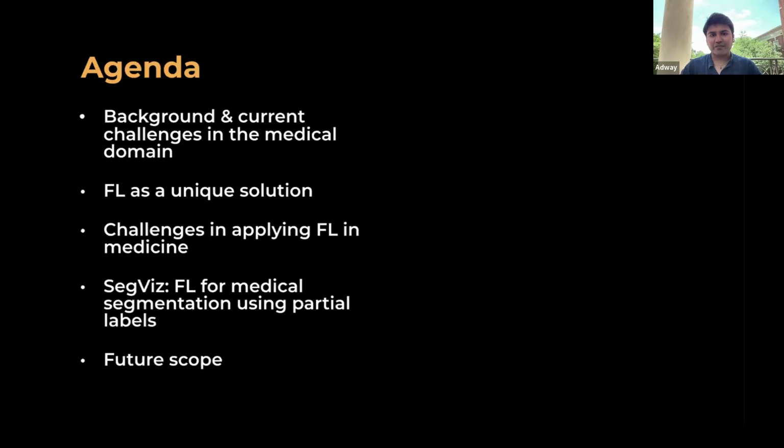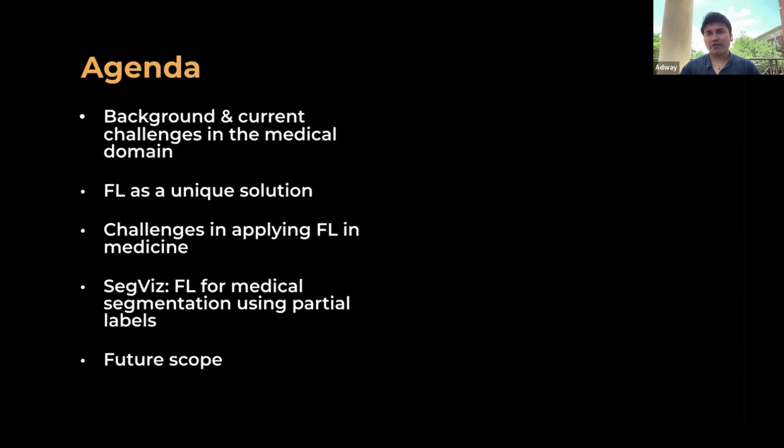The agenda for today: I'll start off with the background and current challenges in the medical domain. Then we'll look at FL as a unique solution, why we can use federated learning in this particular setting, and some challenges in applying FL in medicine. Then I'll talk about our work, which is Segways, presented as a paper and as a poster.